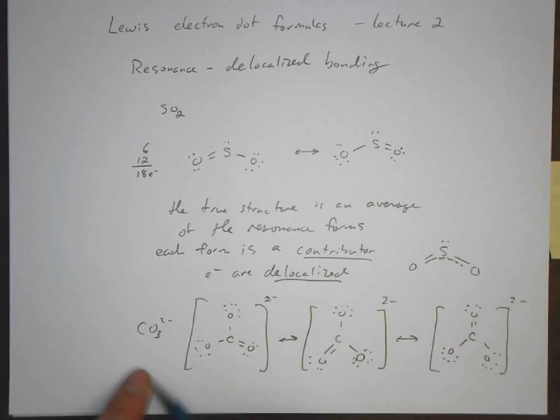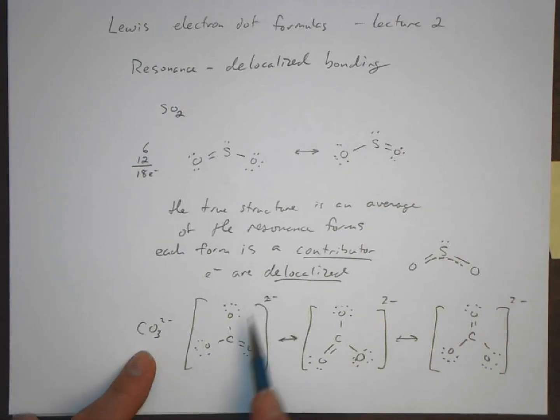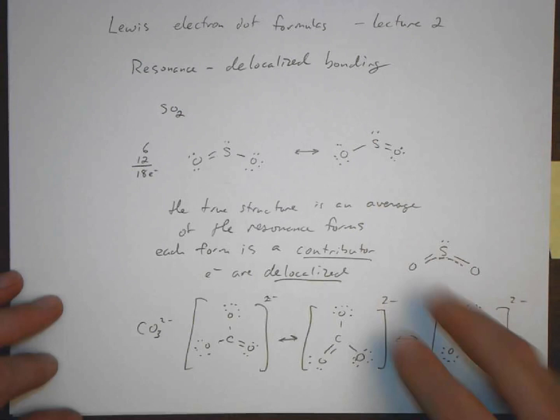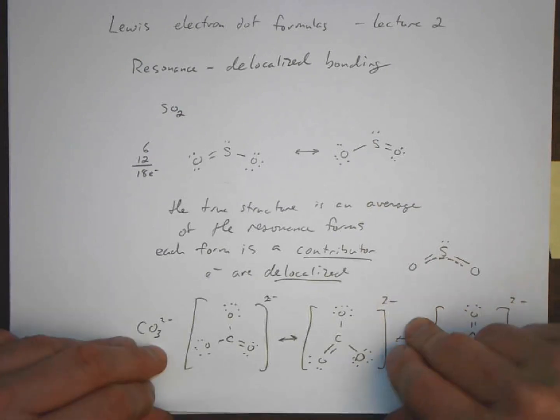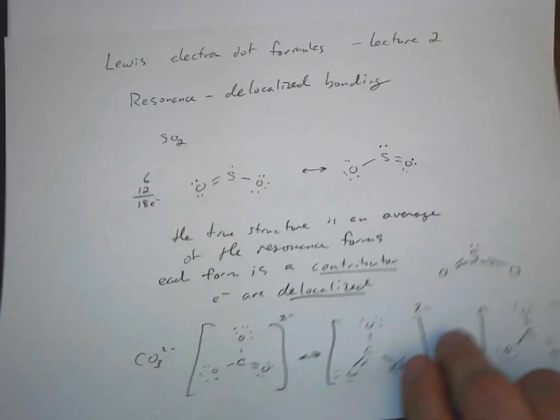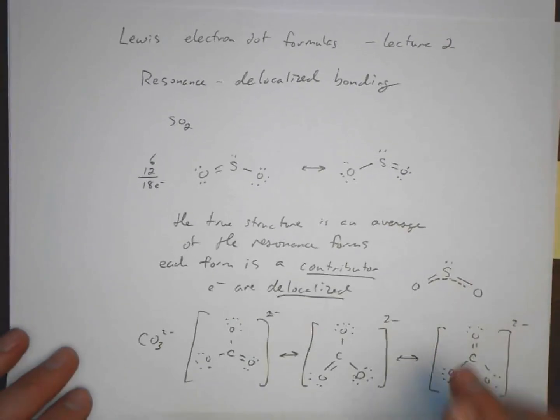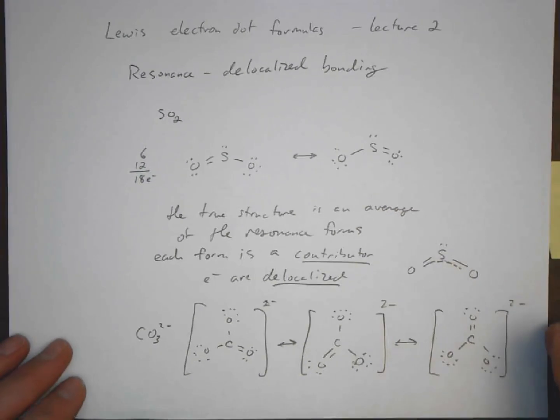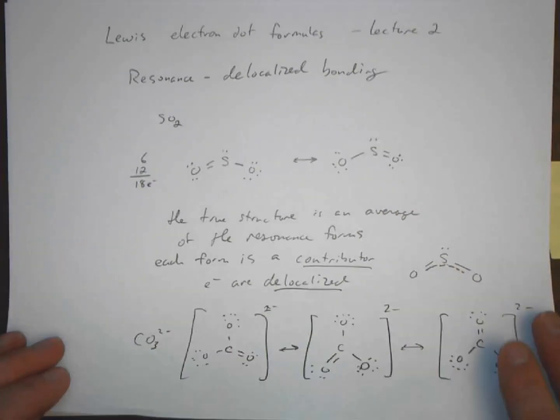For the carbonate anion, the true structure is an average of all of these forms. Each form is a contributor and the electrons are delocalized. So that's resonance, delocalized bonding. Always look for resonance structures within the molecules that you may be drawing.